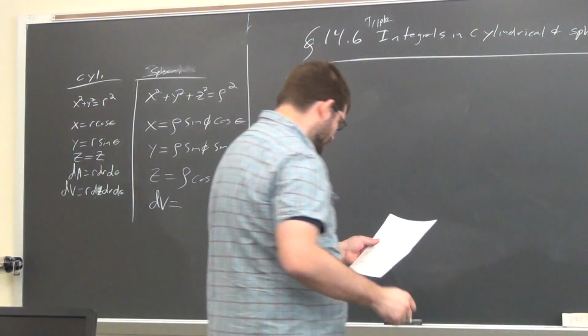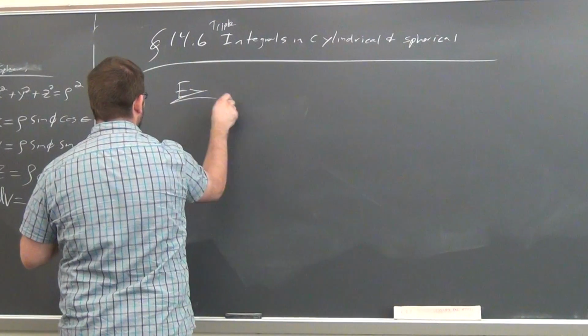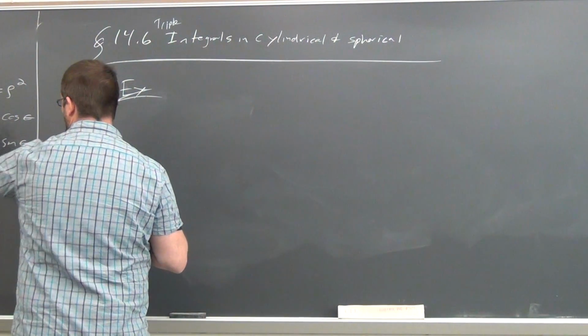So let's try some examples here. This first one will just be switching to cylindrical. We'll come back to spherical in a bit.